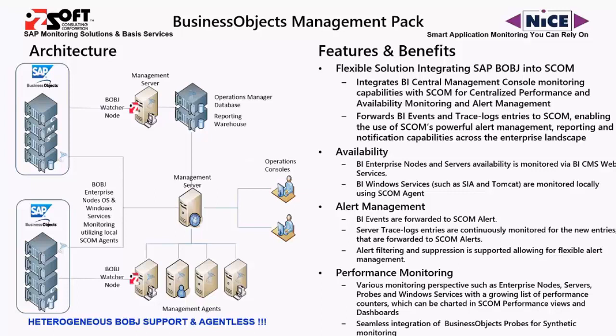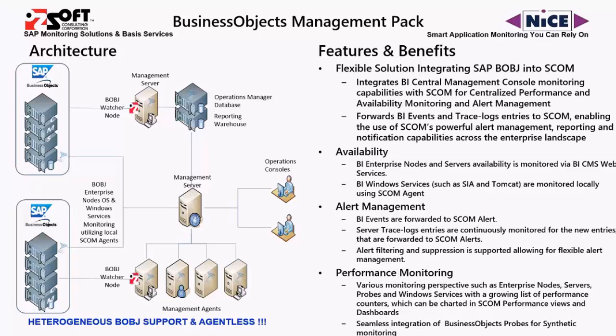But now more SAP customers are using analytical products, and BusinessObjects is the SAP product used for BI, business intelligence, in terms of reporting for sales, for enterprise performance management, etc. So BOBJ is the management pack that we provide to do the monitoring of BusinessObjects. Traditionally, customers only have a product from BusinessObjects, which is the CMS, and the CMS is the Central Management System that basically is the platform for admins to monitor.